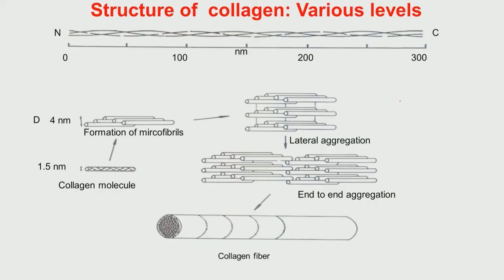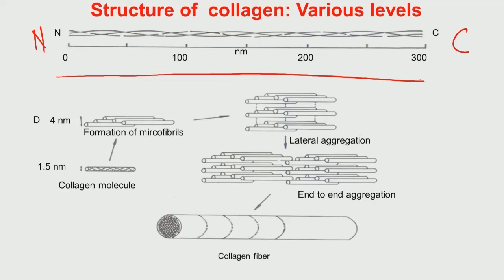Now, in the case of collagen, what you notice here is that collagen has a triple helix structure. You have an N terminal here like a protein, and a C terminal on the right hand side. Along this x direction, it has a length of 300 nanometer.